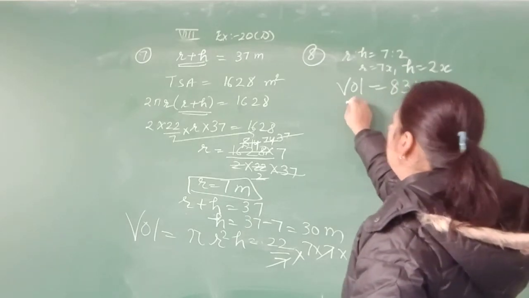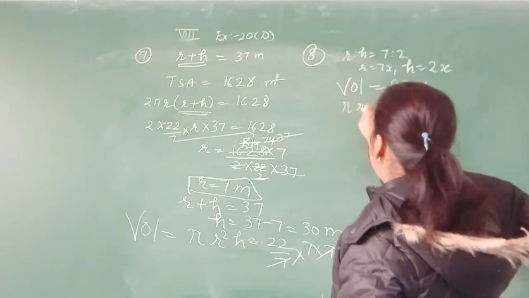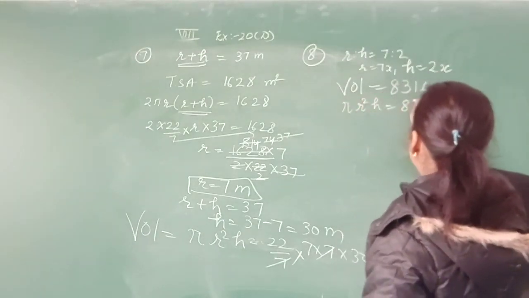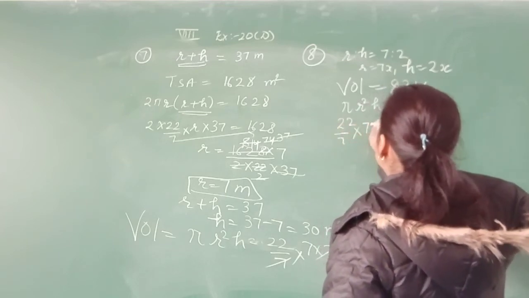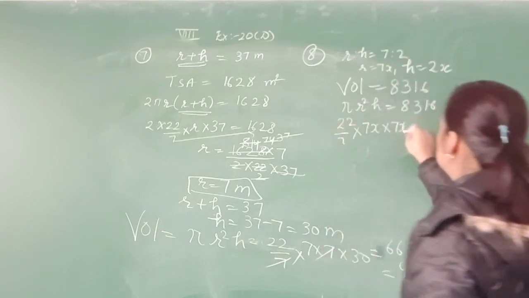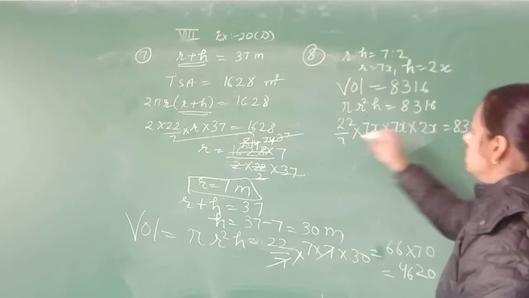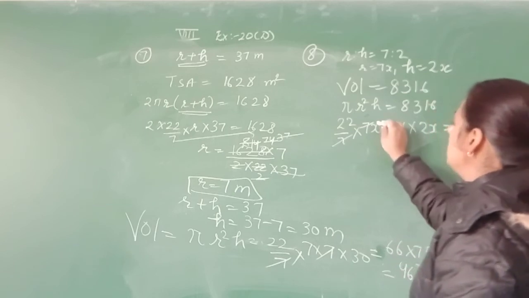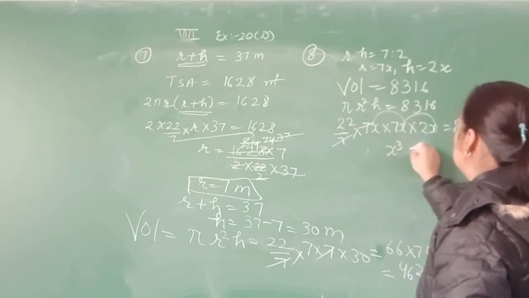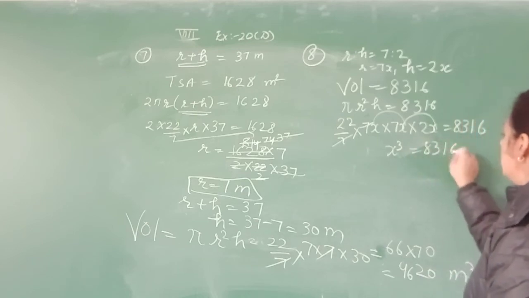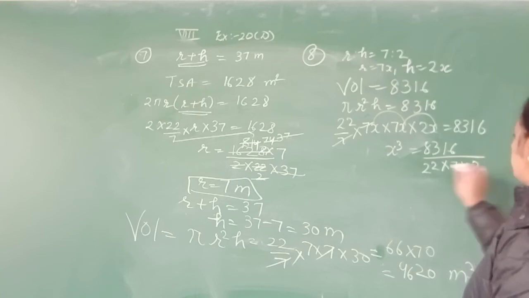As you know, the volume is pi r square h, so put all the values here. 22 by 7, r is 7x into 7x and 2x, so 7 will be cancelled with 7, and x cube is there, divided by the rest of the terms 22, 7 and 2.